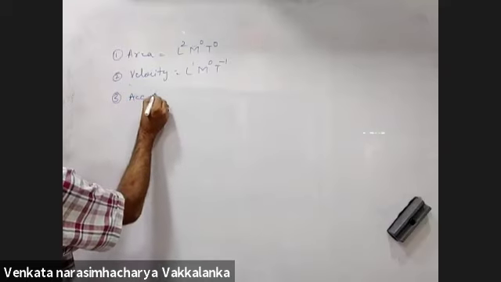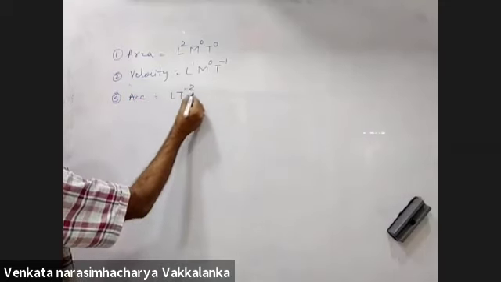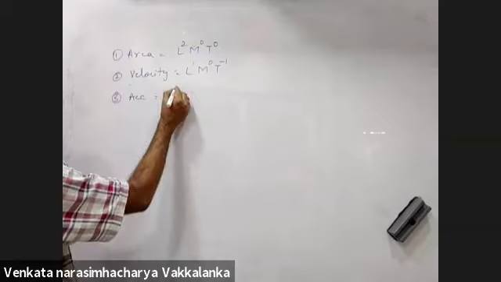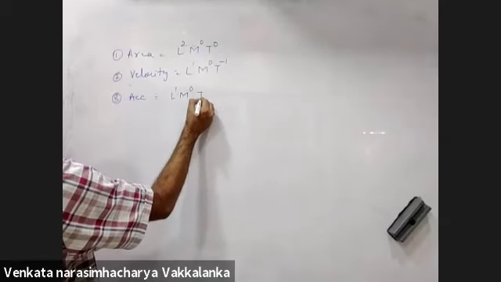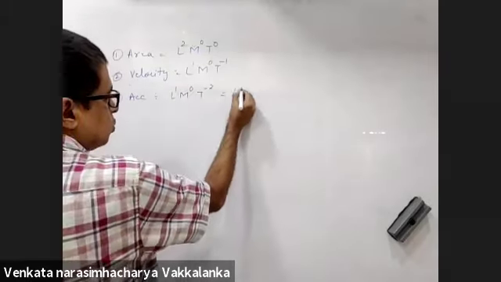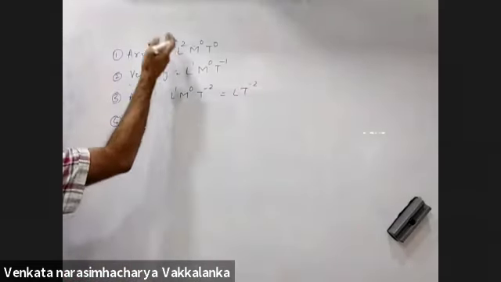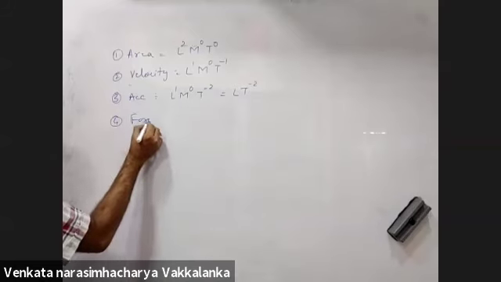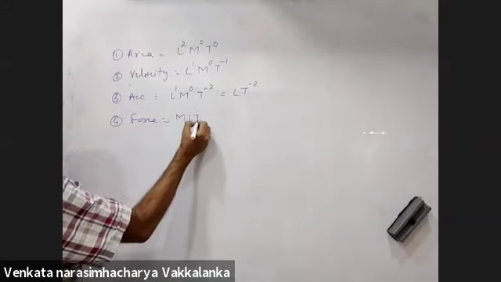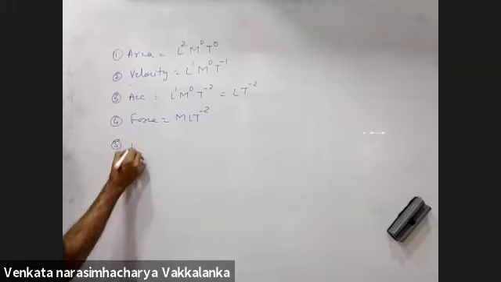Acceleration, L T to the power minus 2. Technically L to the power 1, M to the power 0, T to the power minus 2. Colloquially you write it this way, right? Displacement will be L. Force, M L T to the power minus 2.